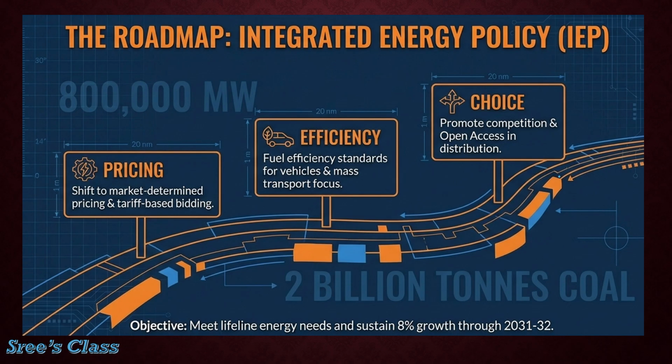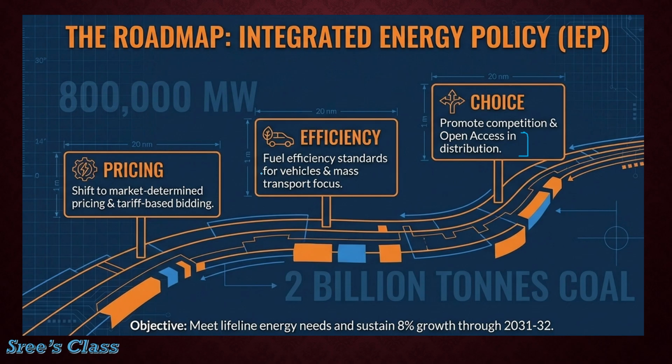So the integrated energy policy roadmap is like this. First is a choice, that is, promote competition and open access in distribution. Right now open access is almost done, somewhat complete, and it is working well.